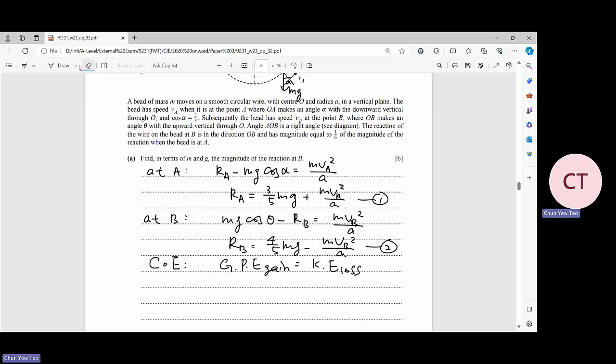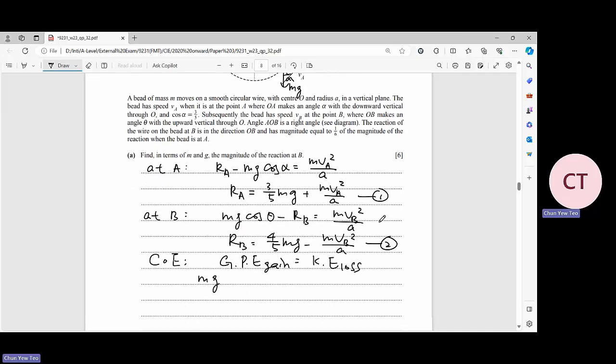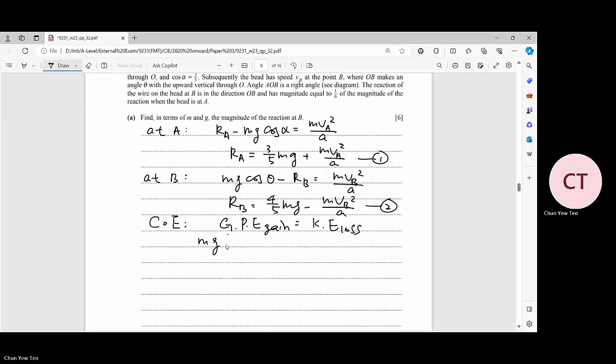GPE is mgh, so it will be mg times the height. The height has two parts, one over here and another one over here. So the height is a cos alpha plus a cos beta. We can just directly write a cos alpha plus a cos beta.